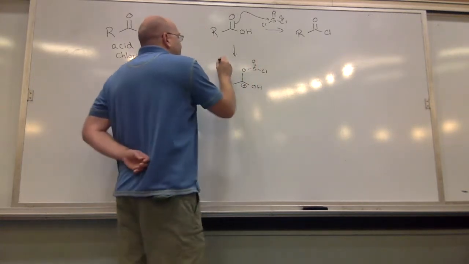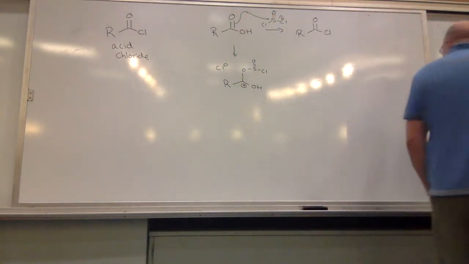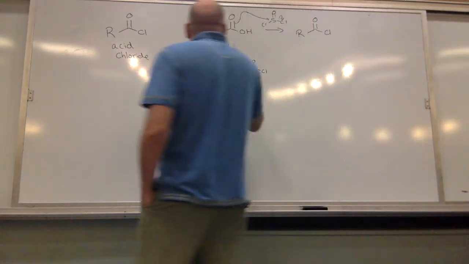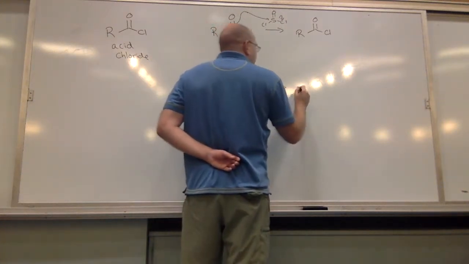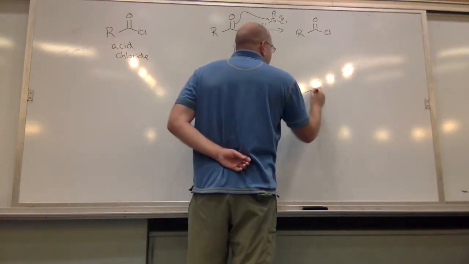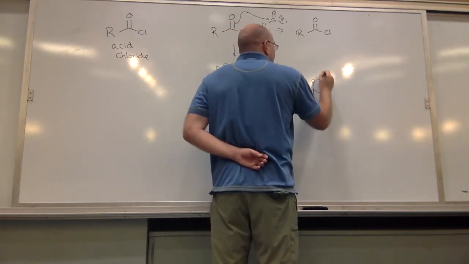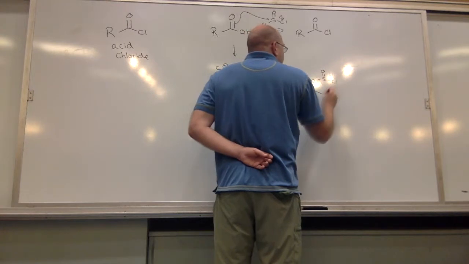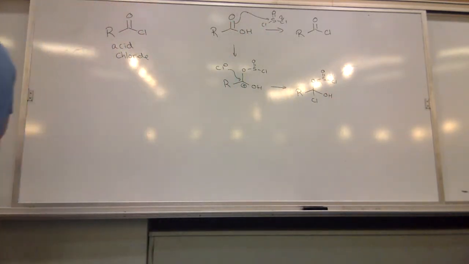If we have a system like this, we lose the chloride, and the chloride can add in. There are some things that are perhaps similar to what we saw in the past. Same sequence: we simply had the carbonyl electrons attack.